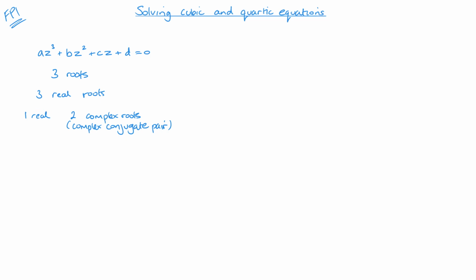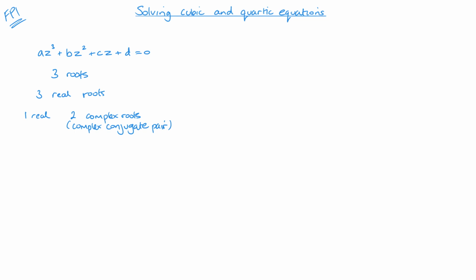All three roots could be real, and like I said, these are the ones you would have dealt with in your normal pure maths, or within this further maths unit where we're looking at complex numbers. You're going to have one real root and two complex roots, and these complex roots will be a conjugate pair. So once you've got one, you've got the other one, which makes your life so much easier.